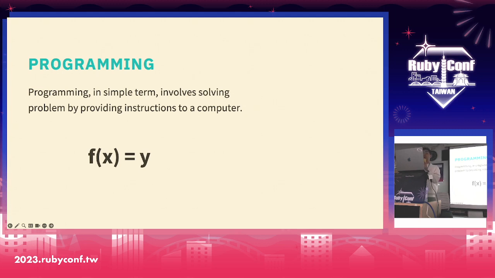Let's break this down. Here f represents our solution. x is our data parameter for our program to execute the logic. y is the expected output, the result we anticipate when the function is executed correctly with the given input.